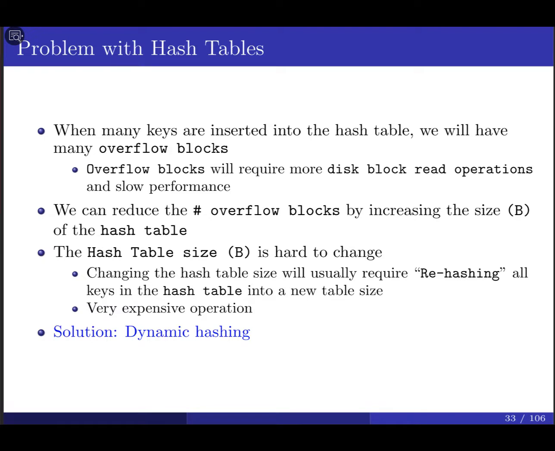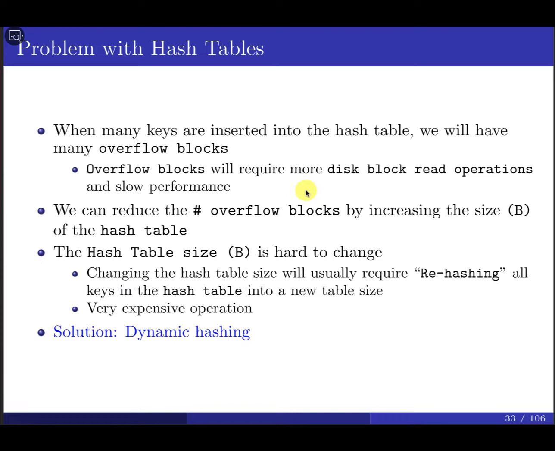So let's review the way that we handle the growth, then we'll see why it's a bad idea and what I can do here. When many keys are inserted in the hash table, we have to use overflow. Overflow is going to ruin the overall performance, because it requires me to increase the number of disk I/O operations to retrieve the data.